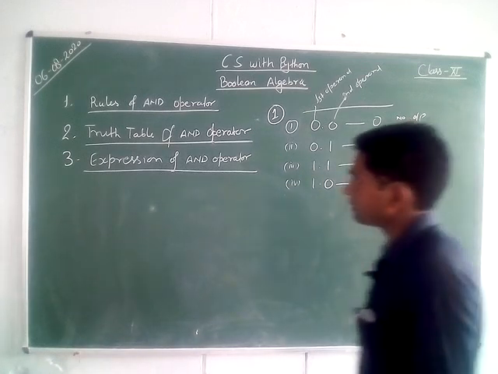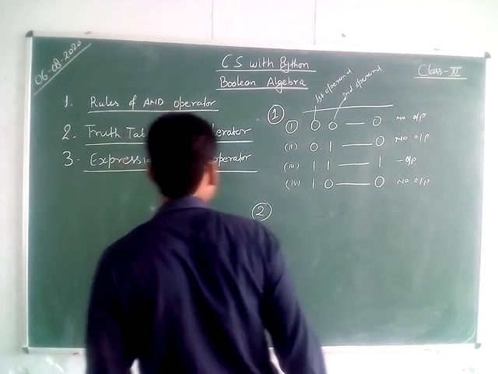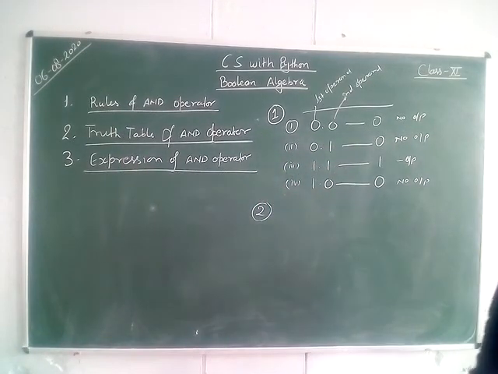Alright, now let us see the second, truth table of AND operator. What is the truth table? Truth table is a table that contains the combination of all possible values with their result. You can say the truth table is a table that contains the list of all possible combinations of input values and their corresponding output, meaning result.